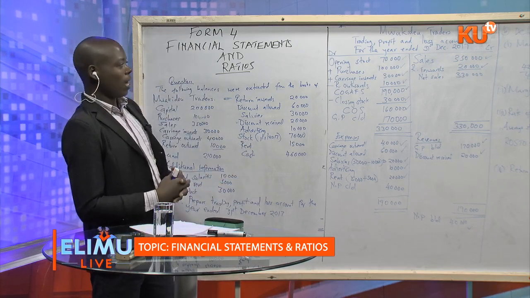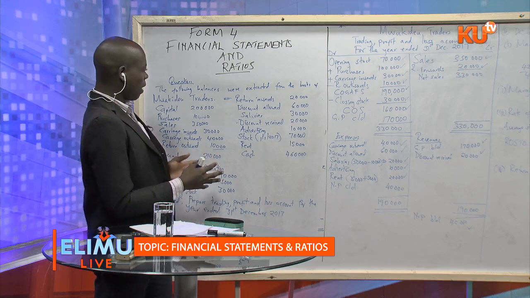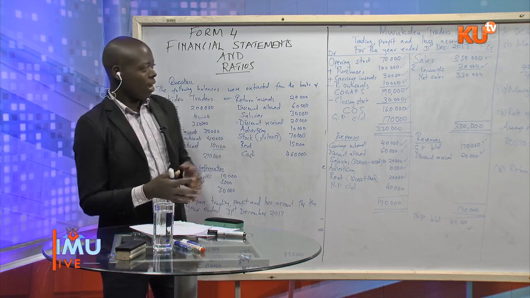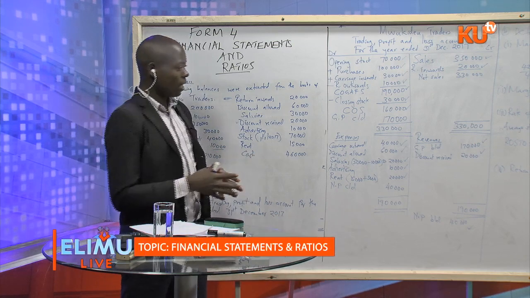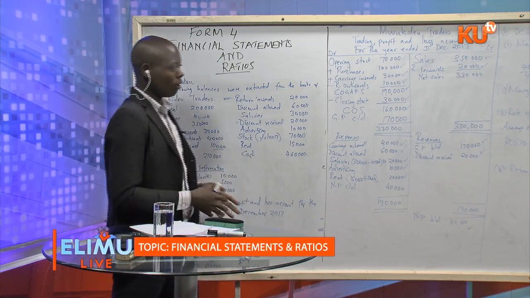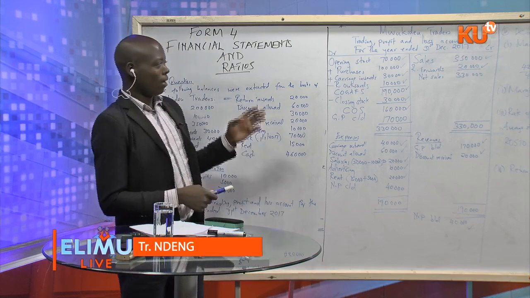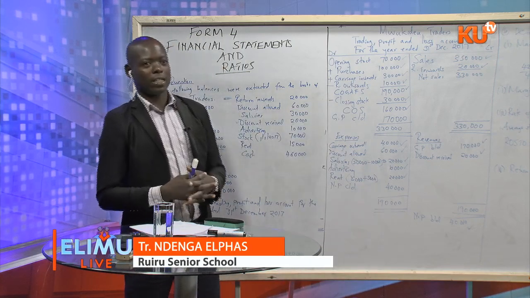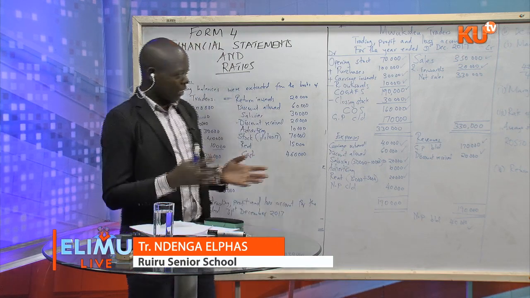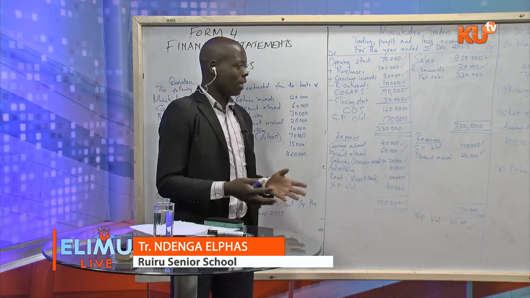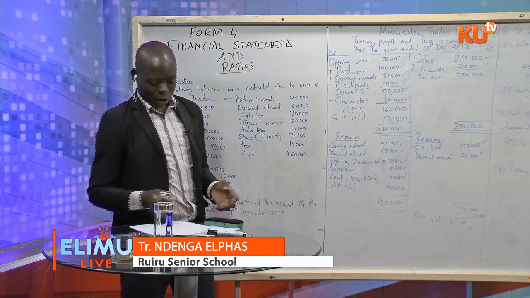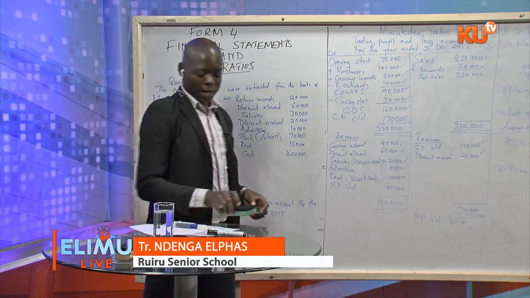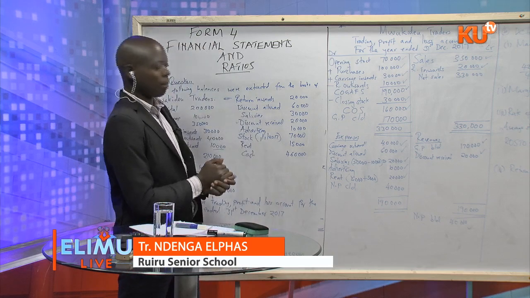I think this is now enough for the topic, financial statements and ratios, and we come to the end of our lesson today, where we've analyzed the 5 areas of testing in this topic. Next time we'll look at something different in accounting and see how we calculate or bring out statements that are required in this subject.